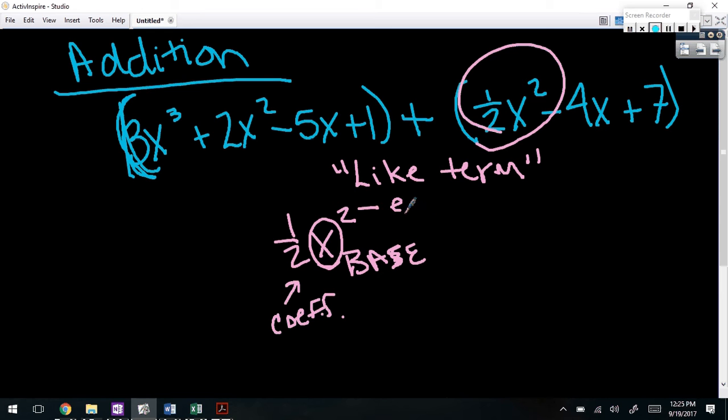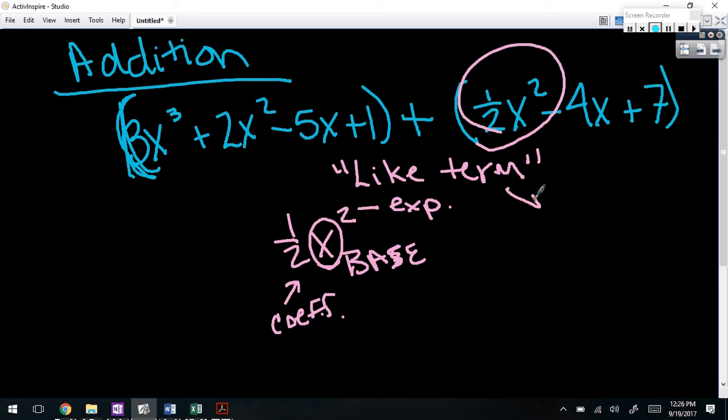And here's my exponent. So if they're like terms, give it to me in mathematical terms. What has to be the same for them to be like terms? The exponent and the, not the coefficient, the base, or the variable, right? That makes them like terms. So do we all agree? 2x squared plus a half x squared.